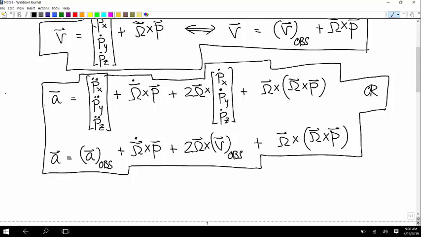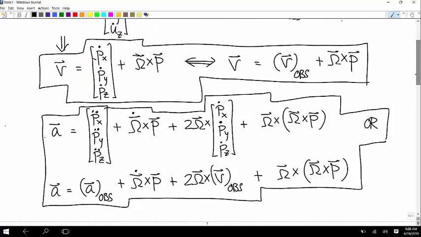So each of those is useful in different applications. It's not like I choose this one because I like making dots or whatever. Okay, so these are the two things we're going to use, the expression for the velocity and the expression for the acceleration.